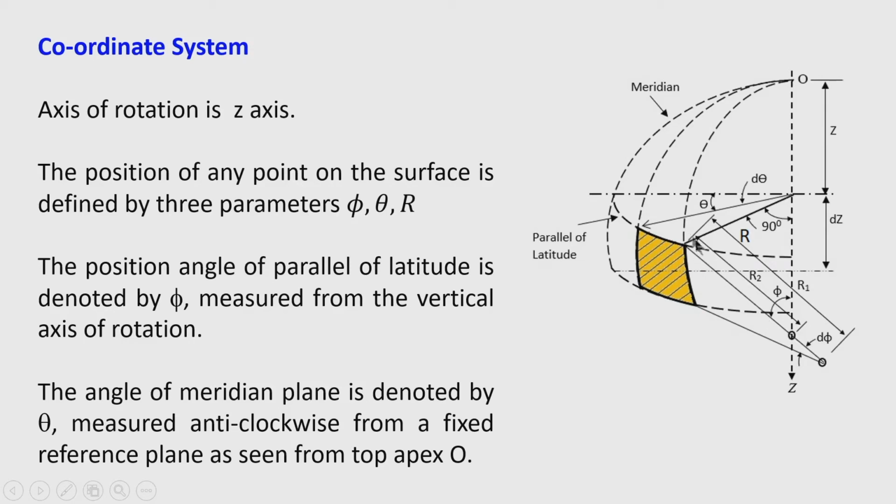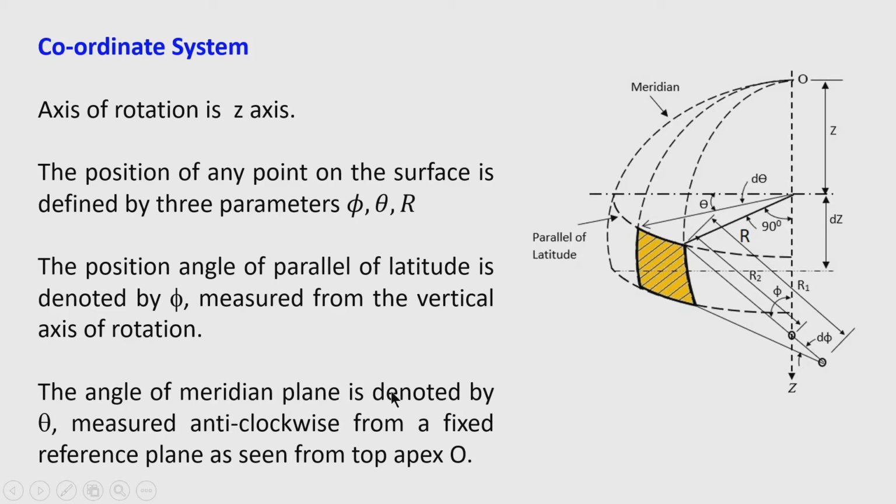So, this r, the radius of the parallel circle, is related to r 2 by the meridian angle phi. One can readily see that r is equal to r 2 sin phi.